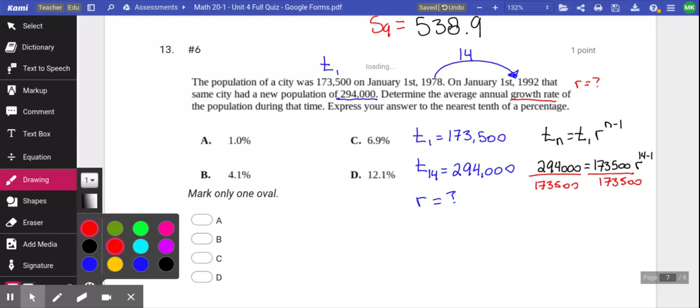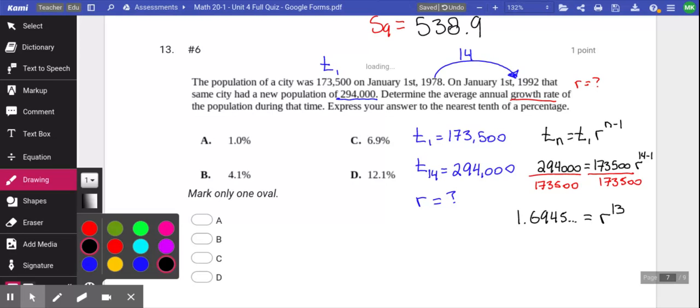And then you have to do something that's a little unique. So we're going to do 294,000 divided by 173,500. They get 1.6945, and then some more numbers, equals R to the power of 14 minus 1, which is 13.